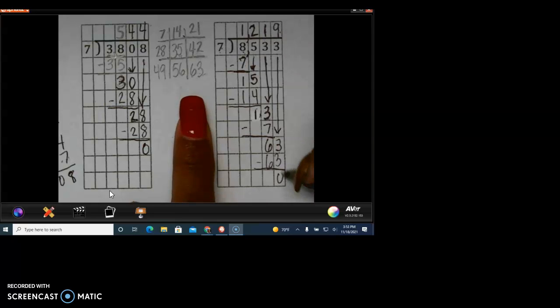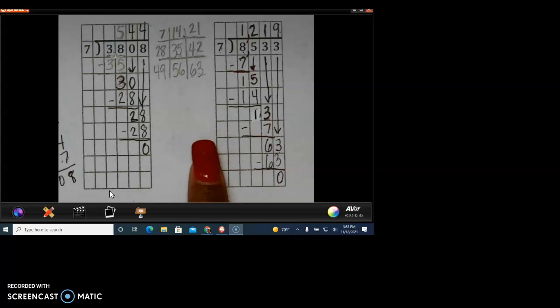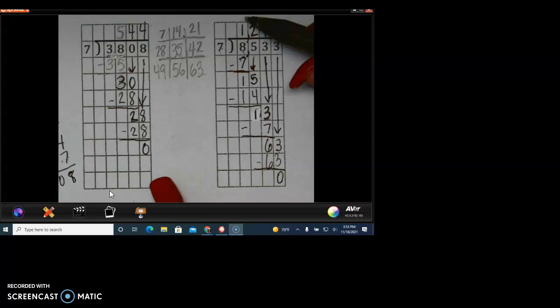You have just enough room to write that. 63 minus 63 is 0. Okay? We are finished at this point with our actual division. 8,533 divided by 7 is 1,219.